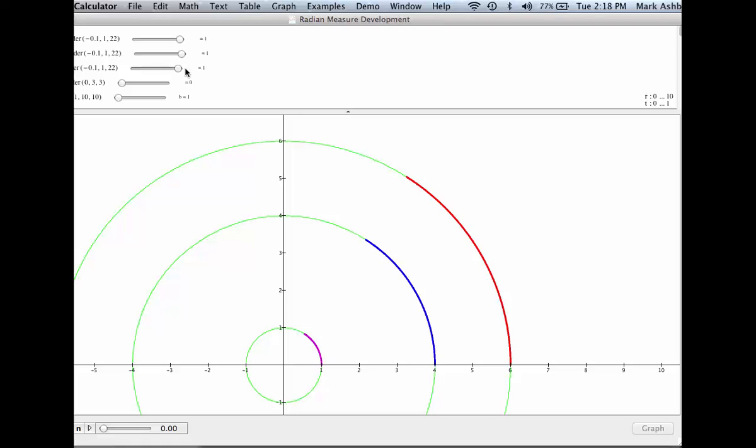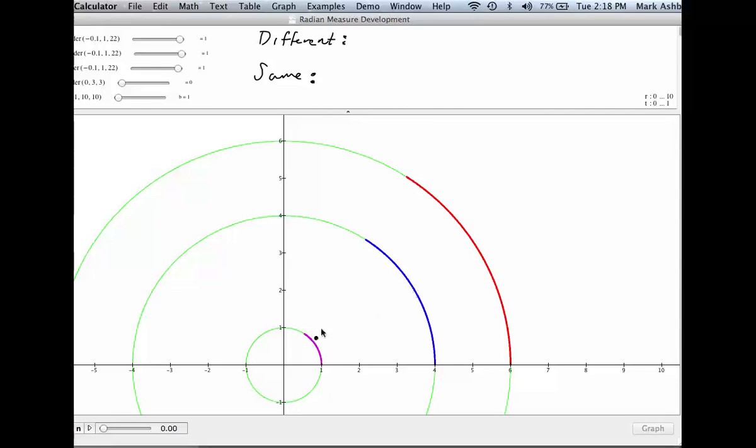Okay, now what I want you to do is have a short discussion. I want you to come up with 2 things about those 3 arcs that are different. Color does not count. So 2 things besides color that are different, and 2 things about those 3 arcs that are the same.